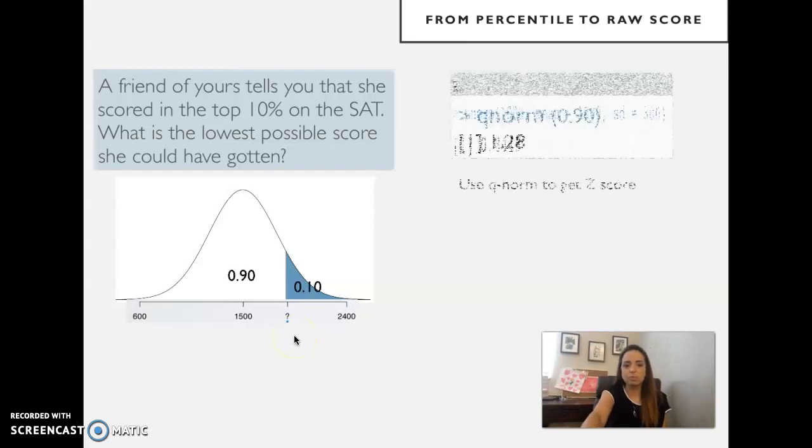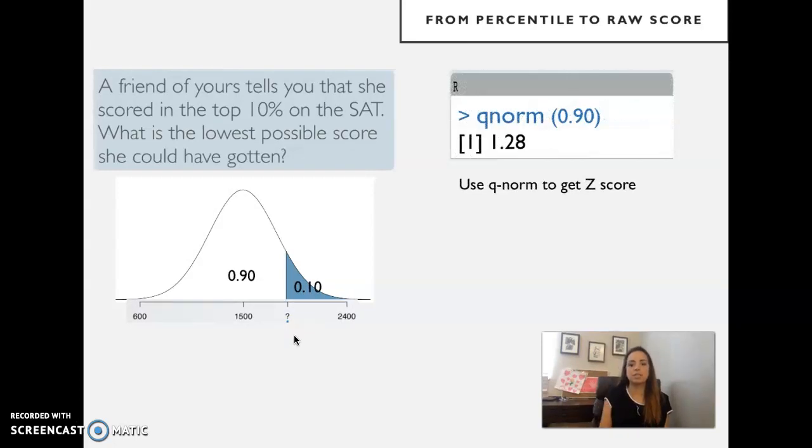Well, there is a function that can quickly get you first the z-score that then you can use. You can use qnorm to get the z-score, because you just say, by the way, I want the z-score that relates to the 90th percentile, and you get the z-score.